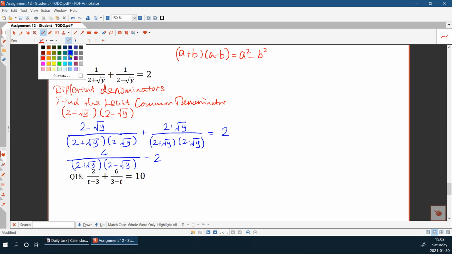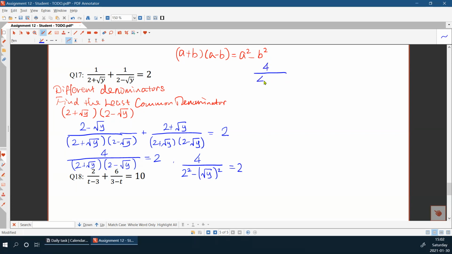So here we have 4 over 2 squared minus square root of y squared, which is 2, right? And this gives us 4 over 4 minus y is 2, okay?